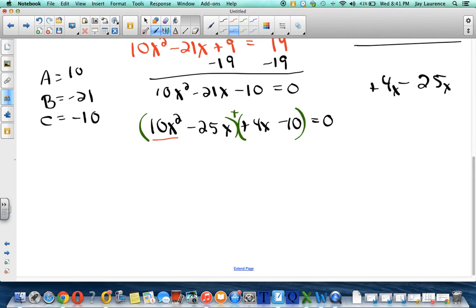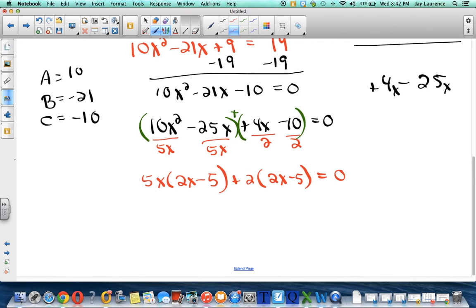All right, we're going to GCF this first group, and we're going to get 5x, I believe. And so we get 5x times 2x minus 5. And then we're going to get a 2 here, I'm pretty sure, plus a 2. We're going to get 2x minus a 5. That's good. It should have turned out that way.